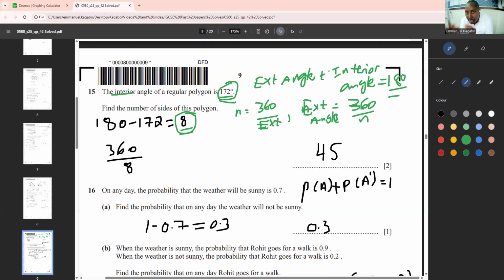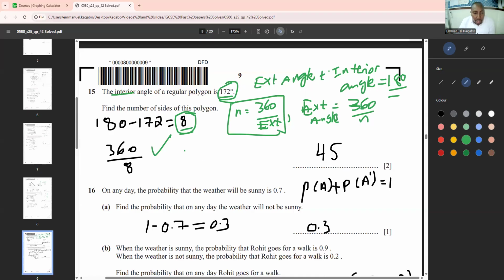Exterior angle plus interior angle equals 180. I have one interior angle, so I get 180 minus the interior angle, then I'll get one exterior angle, which is 80 degrees. From knowing that exterior angle is equal to 360 divided by the number of sides, by making the number of sides the subject of the formula, that's what I'm going to get here, which will end up giving me this, and that's how I got this one, okay?